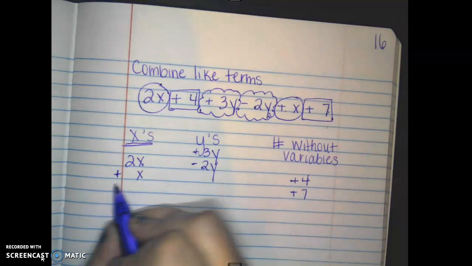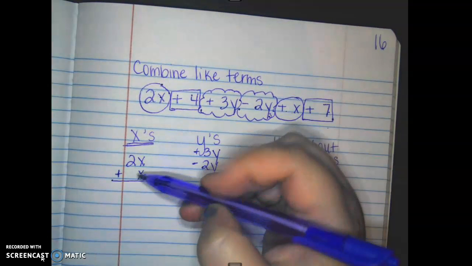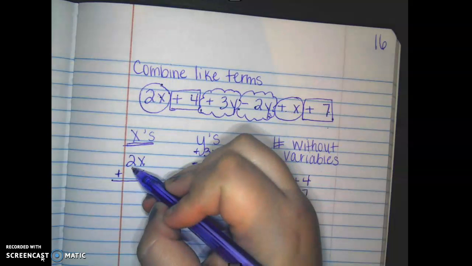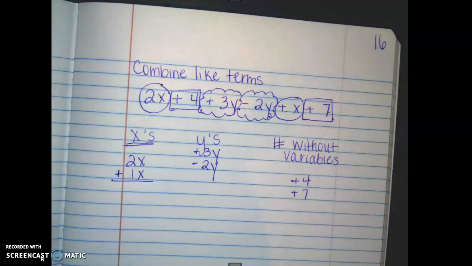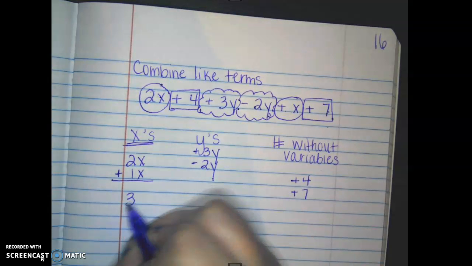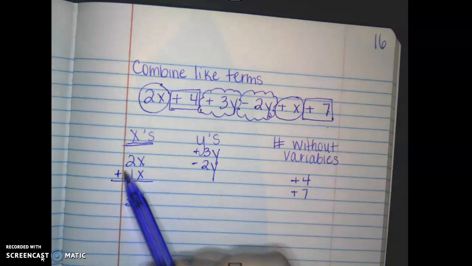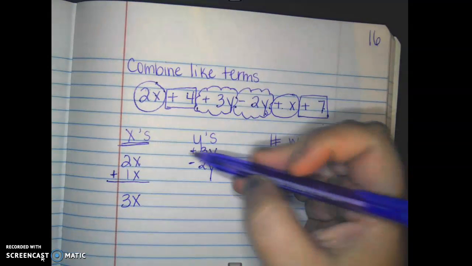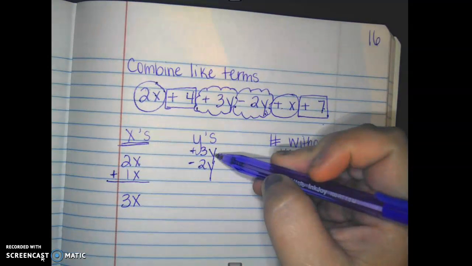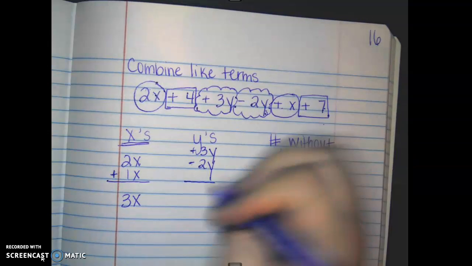And just like an addition problem, I'm going to add them together. So this is just an x, but it has an imaginary 1 in front of it. So I'm going to lightly write a 1, just lightly. And I have 3 x's. A good way to think of it is if I put 2 x's over here and I add an x to it, I now have 3 x's. Positive 3y minus 2y is just 1y.